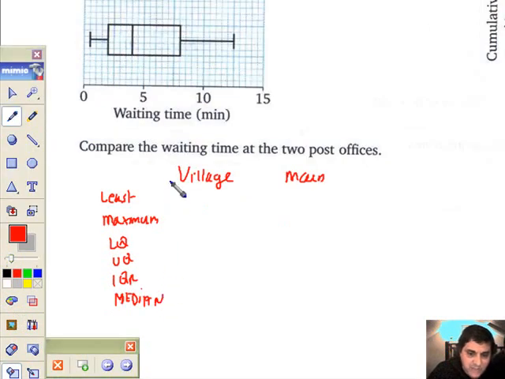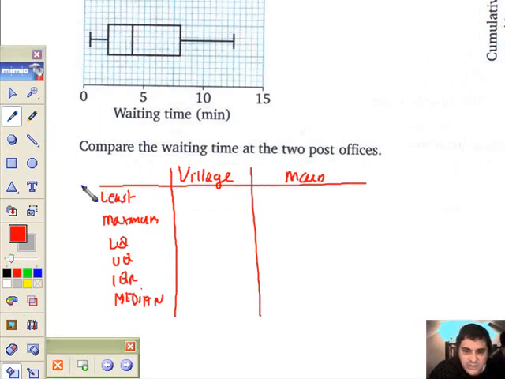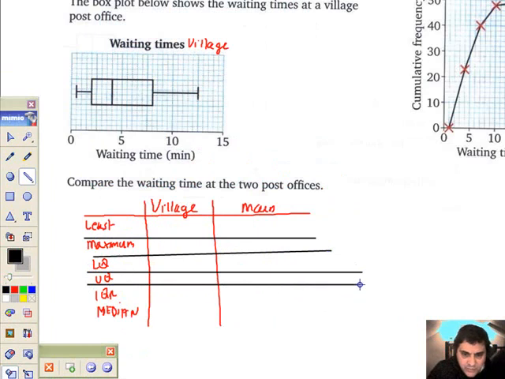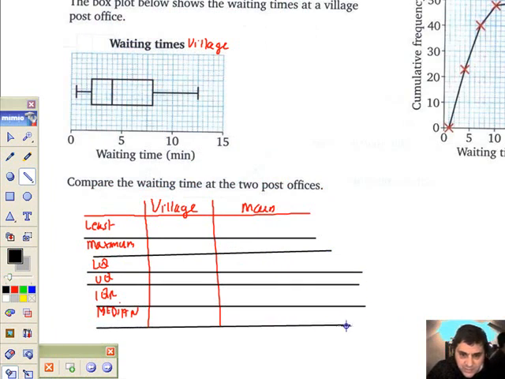Once we've got that, we can compare absolutely everything. So let's draw some crude little lines across here just to separate off. I think I use my line facility. There you go. A lot easier, isn't it? Not very pretty, but easier to do. And the medians we'll do in a minute. Okay. Right, back to that.